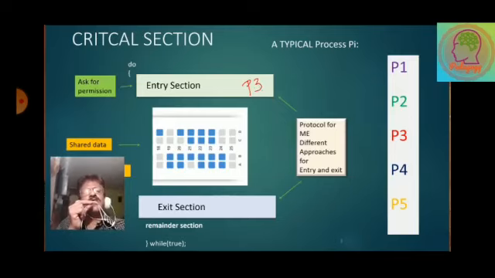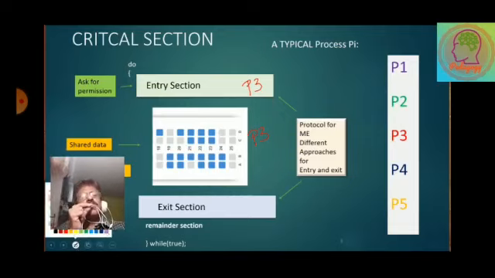Now consider this diagram. Suppose a typical process Pi, it may be P1, P2, P3, P4, P5, any process. Now, here in the do while loop, we see that there is the entry section, the main part, and the exit section.